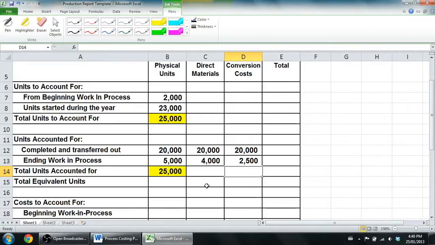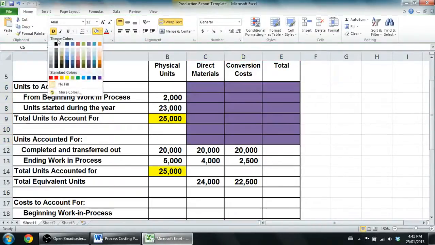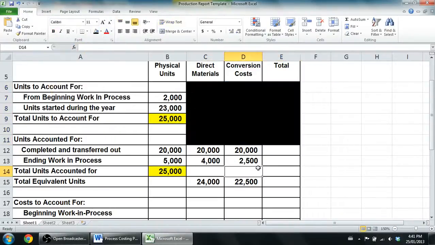So our total equivalent units, I skip a line here, 20 plus 4 is 24,000. I guess I don't have to add that in a formula. This is 22,500. That's our total equivalent units. And you might look at this and say, well, we're wasting a lot of space, and we are. In fact, when you do this, if you are using my template and doing it my way, you will never put anything in these rows. These rows that are sitting empty will always sit empty.